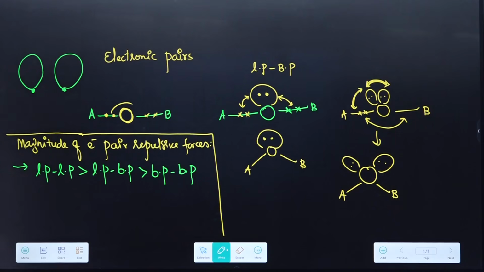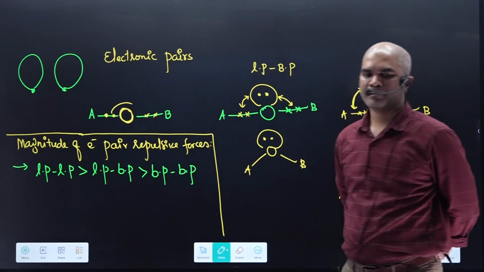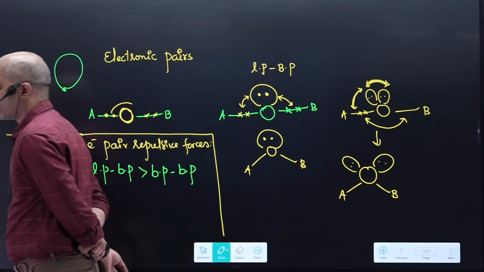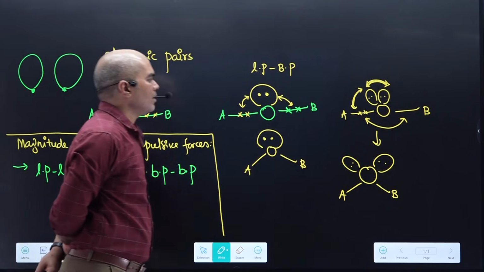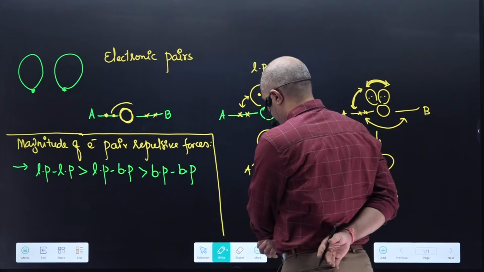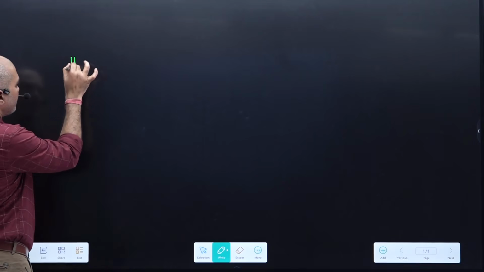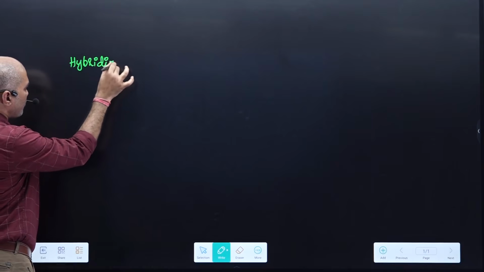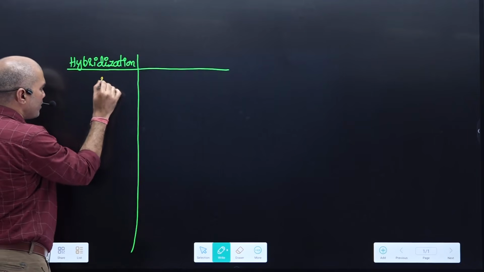Lone pair is a localized pair that occupies a greater space and will exhibit a higher repulsive magnitude.